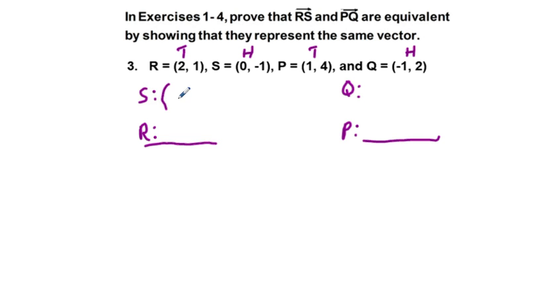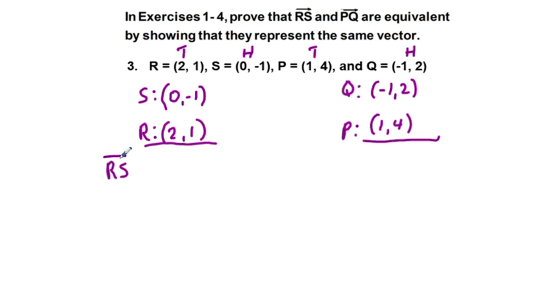S is 0, comma, -1, and R is 2, comma, 1, and Q is -1, comma, 2, and P is 1, comma, 4, and vector RS is equal to angular brackets 0 minus 2 is -2, -1 minus 1 is -2.